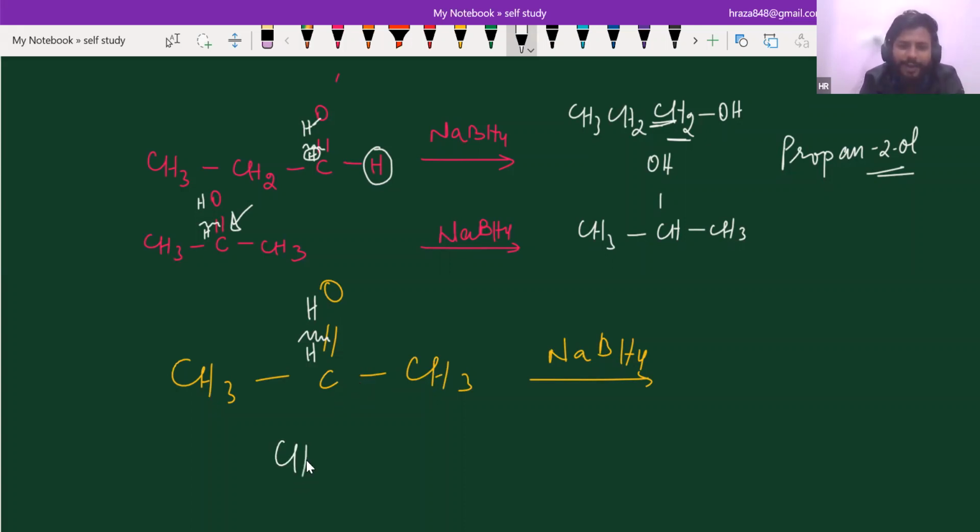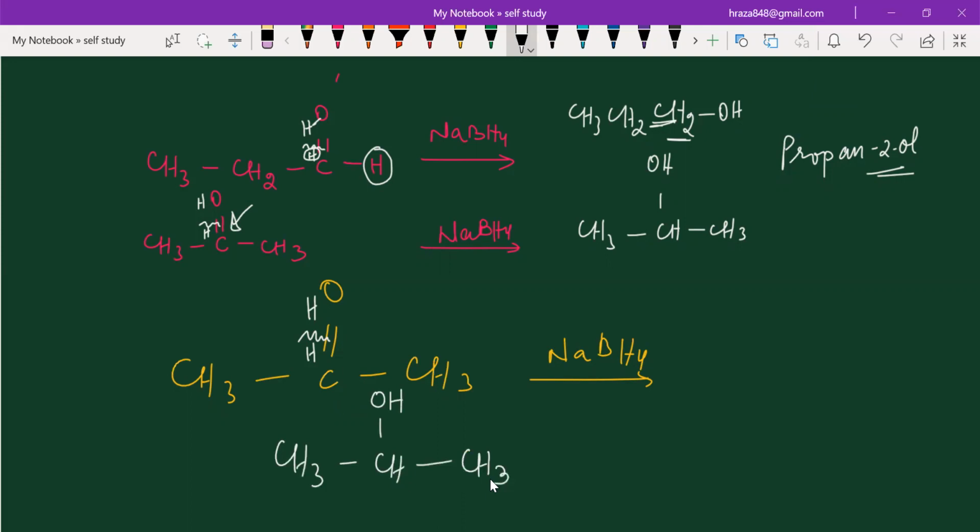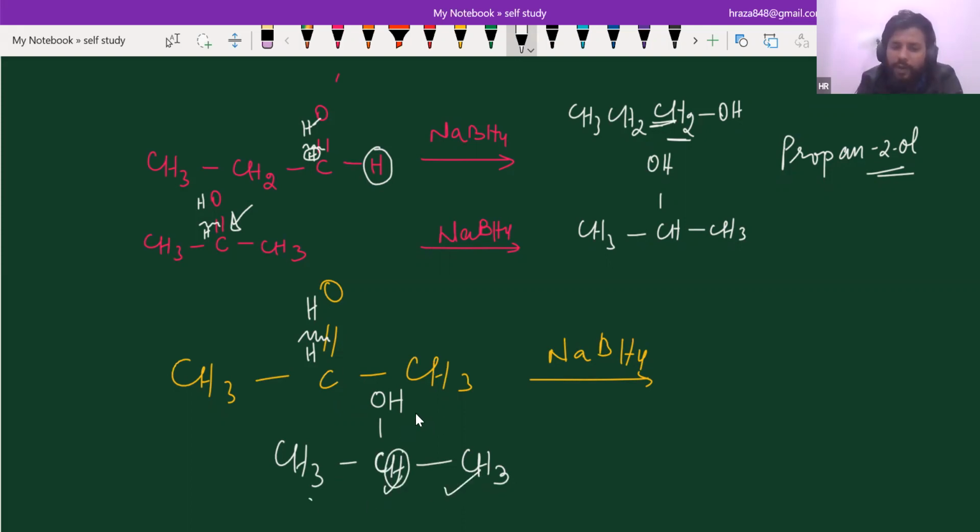You will get CH3, CH, OH, and then CH3. Yes or no? Yes. So now you can see that this carbon is making 4 bonds, one with hydrogen, one with this, one with this, one with this. This is how the product becomes propan-2-ol. Just let me know if you have any other doubt.